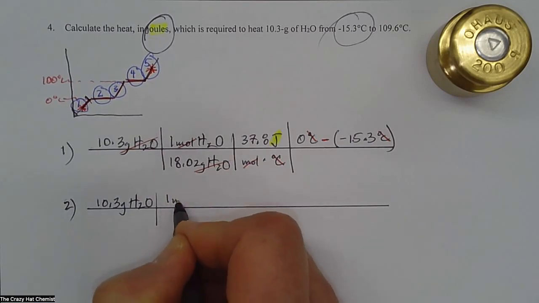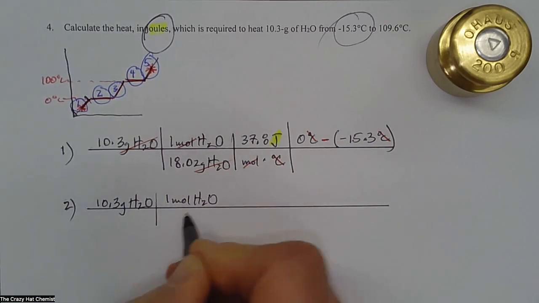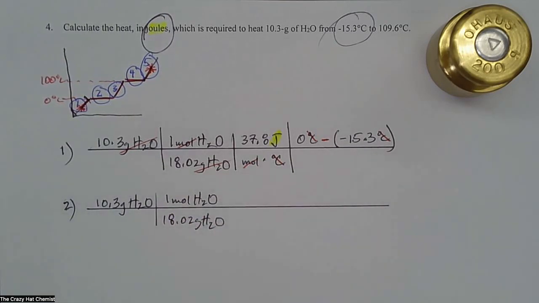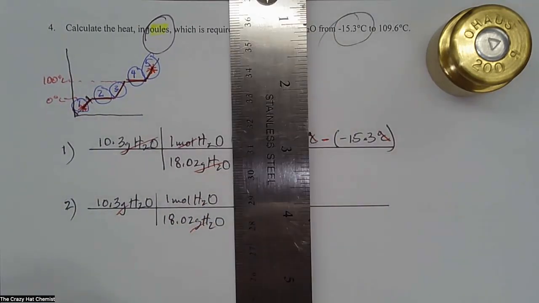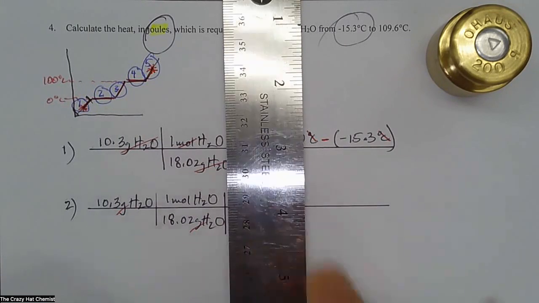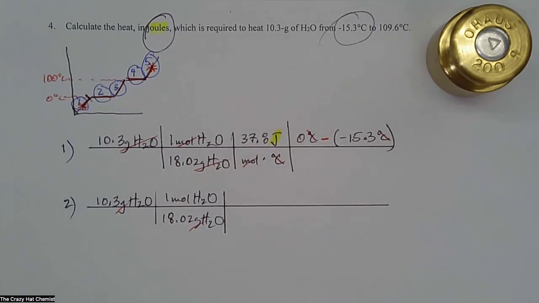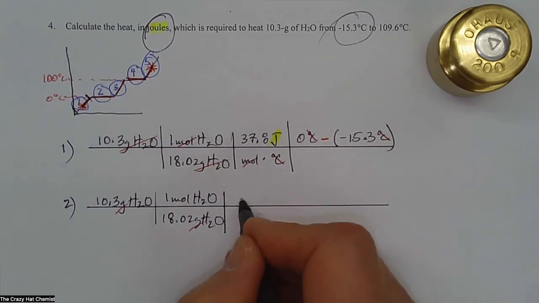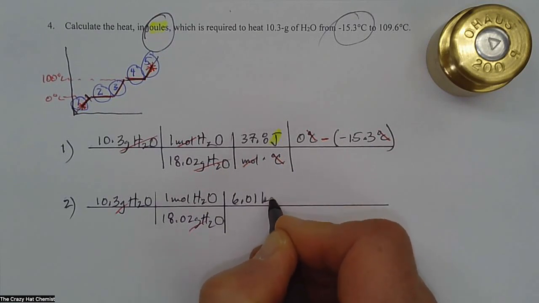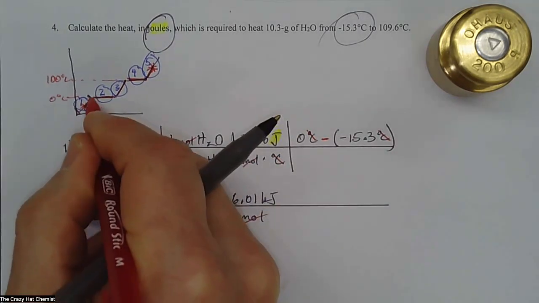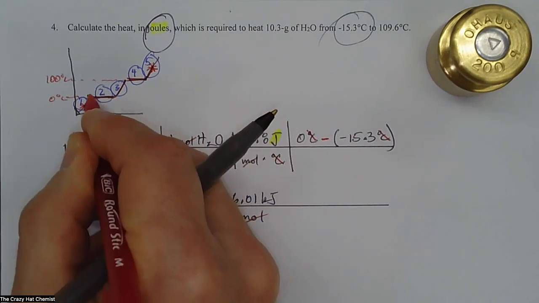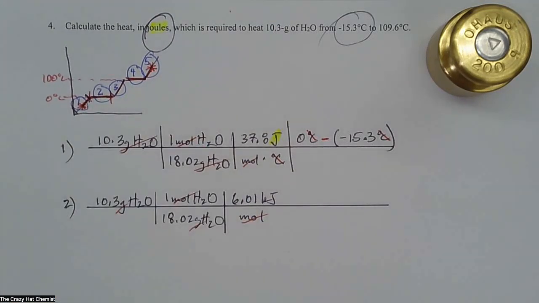So 1 mole of H2O is 18.02 grams H2O. We're going to cancel out our grams right there. We're going to have our hard stop in between our next step, and we're going to use the constant now. That constant is 6.01 kilojoules per mole. Notice that there is no temperature term in this because this is the flat section of this graph, step number 2 that we're doing right now.